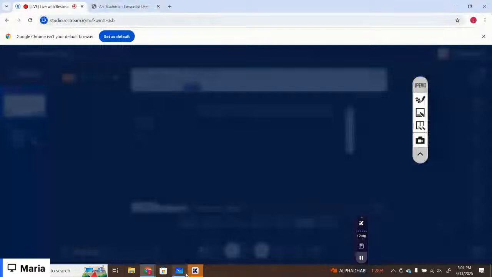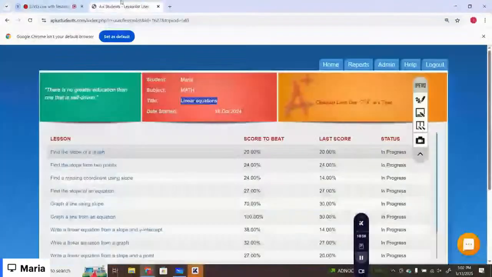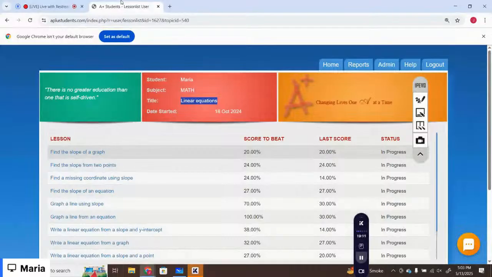The lessons begin. Let's just start with the lesson that is find the slope of a graph. Let's start with the first lesson.